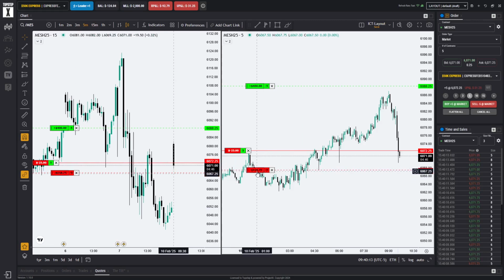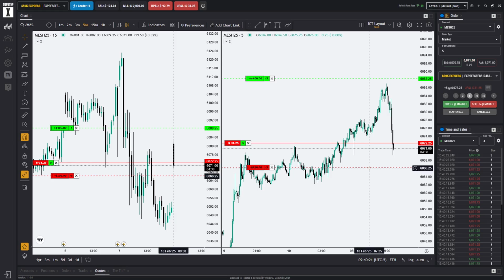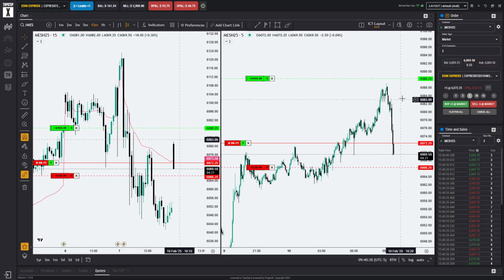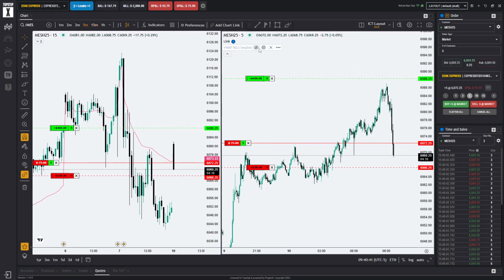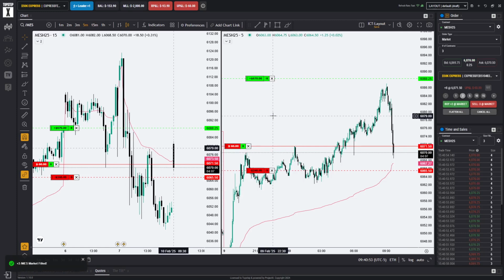My stop loss will have to be somewhere here. Oh, we have a view up here. Let's just look at the view up. I might add here. Order filled, to 8.